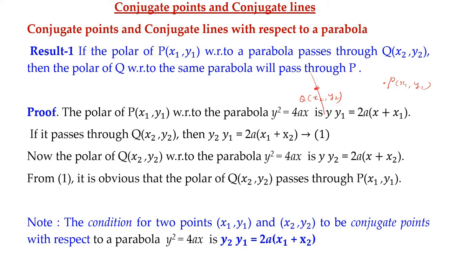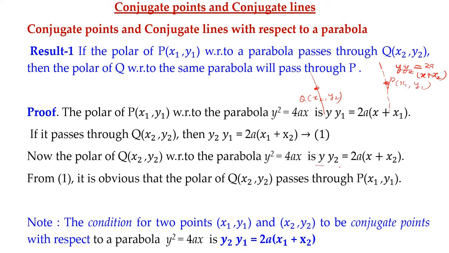Now we consider this point Q of x2, y2. The polar of that will be, the equation will be what? y2 y = 2a (x + x2). So in order that this has to pass through P, if we replace x and y by x1, y1, something is to be true, but that follows because of equation 1.